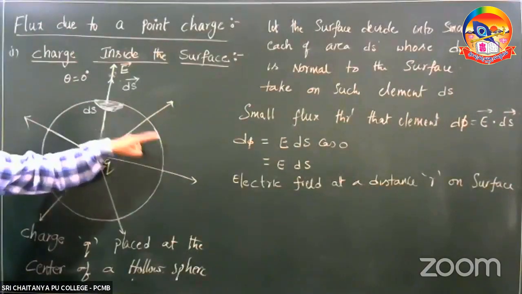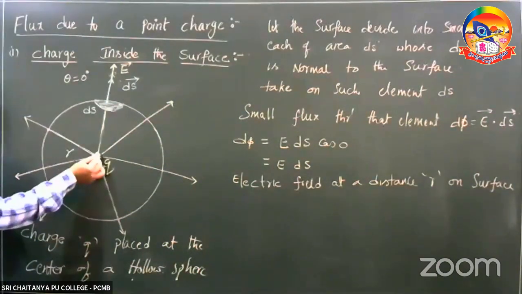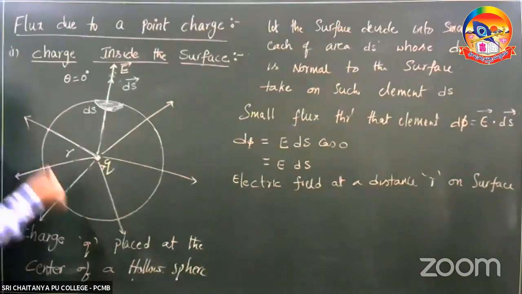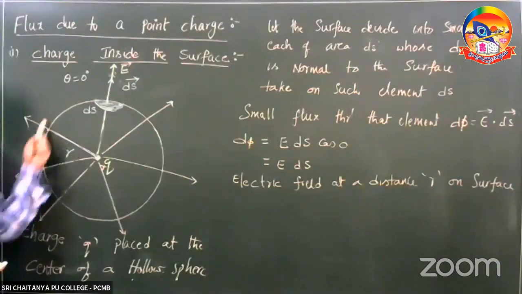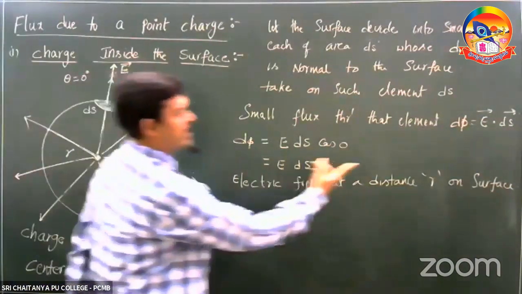Surface means here, here, here, at any point on the surface. It is a sphere, so the distance from the center to the surface at any point is the same. That is, the electric field is the same at each and every point. So E is a constant. Clear?